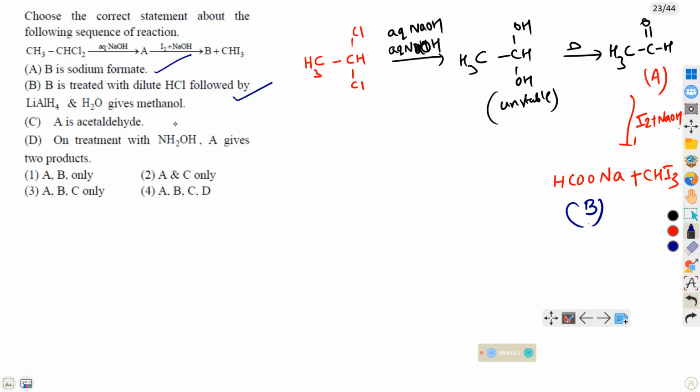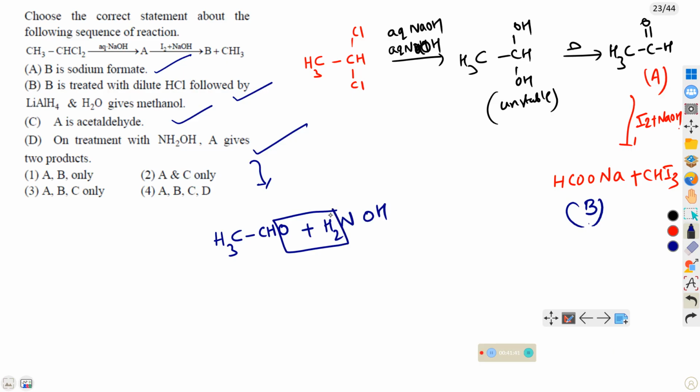A is acetaldehyde. On treatment with NH2OH, A gives two products. Yes, because this is hydroxylamine, and a carbonyl compound easily reacts with it. How are two products possible? For example, take CH3CHO plus NH2OH.